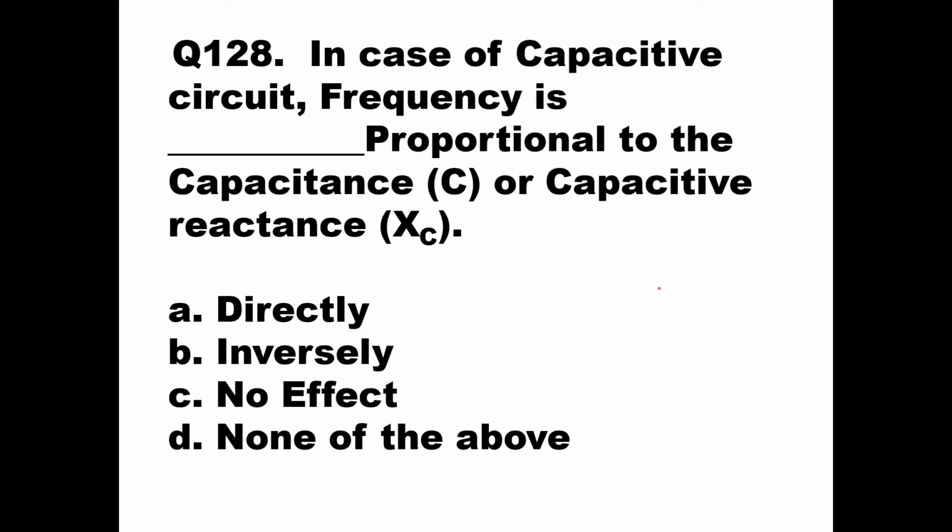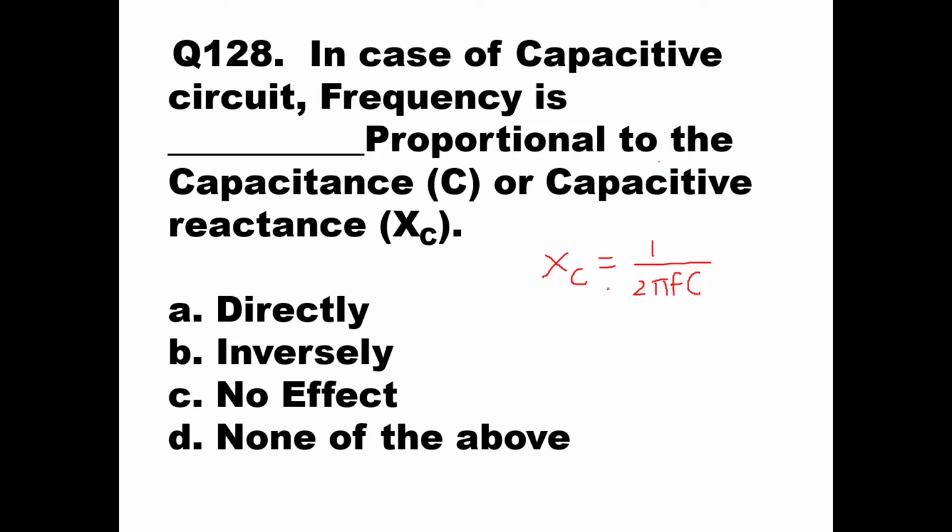Then we'll go to the next question, question number 128. In case of a capacitive circuit, frequency is dash proportional to the capacitive reactance. Now we know that capacitive reactance Xc is given as 1 upon 2 pi Fc.